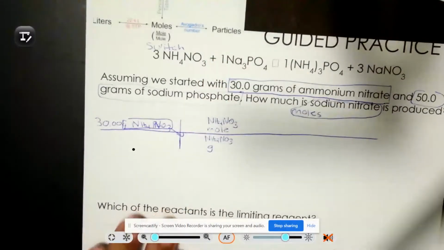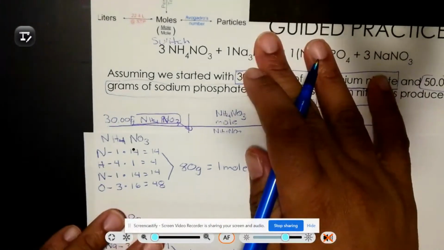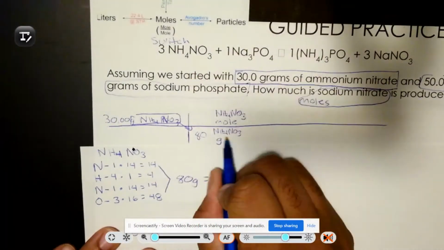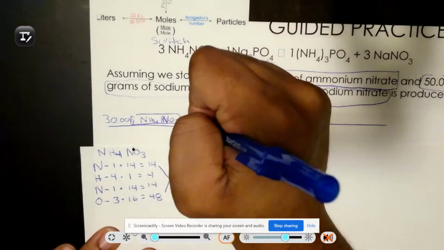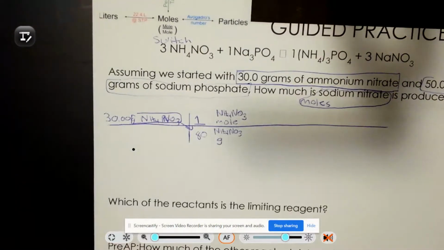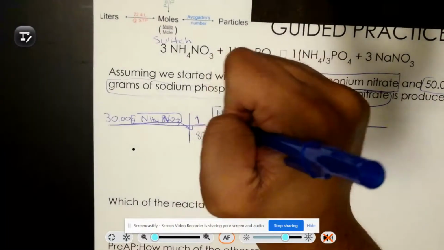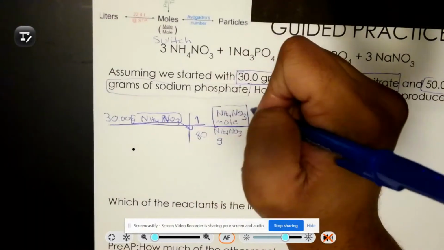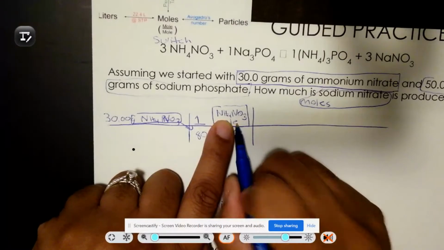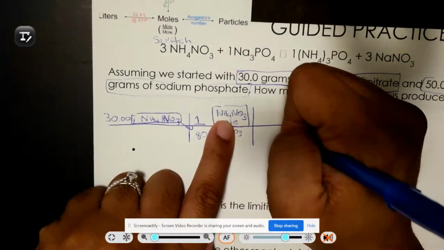Like we have right here, 80 grams of NH4NO3 equals 1 mole. So now we are at moles of NH4NO3, and now we can do the switch. In our next step, we're going to take our moles of ammonium nitrate and bring that down.